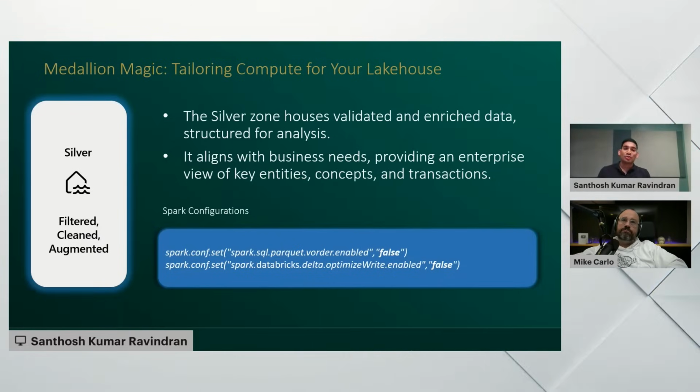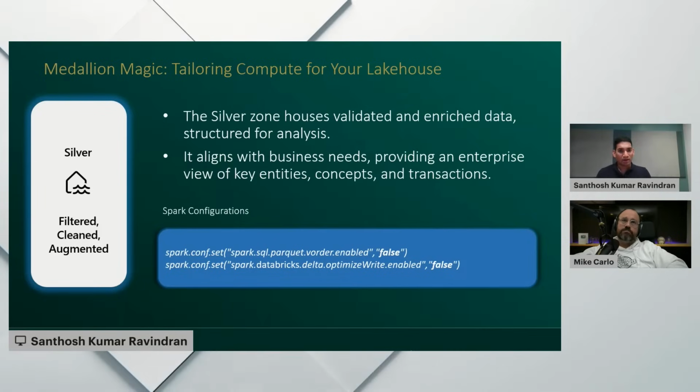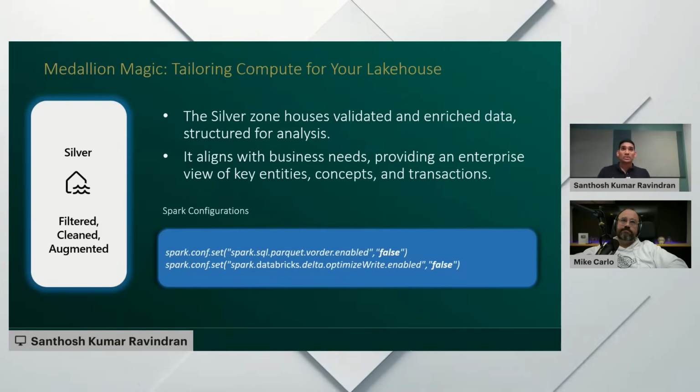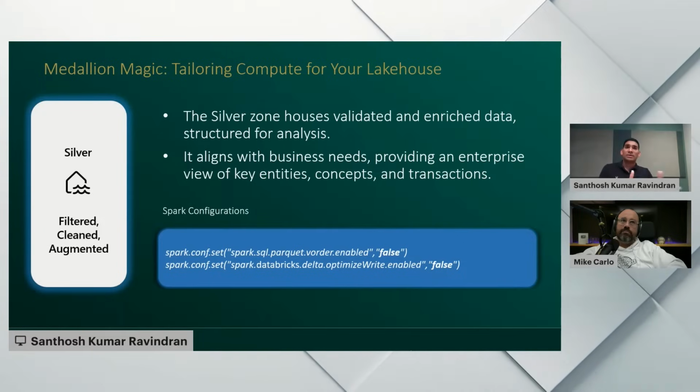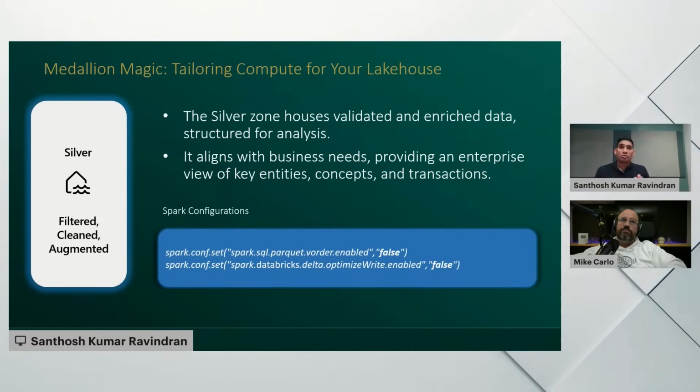But there are also scenarios where users would prefer to run queries or do some analysis, so there could be a mix of both. In those cases, we recommend vOrder to be turned off, because it's not going to be directly served by business reporting.